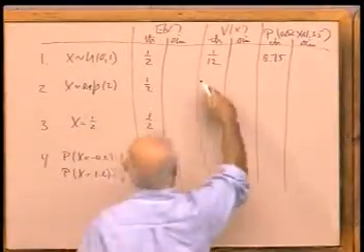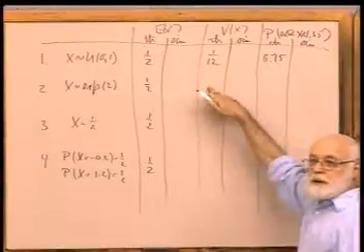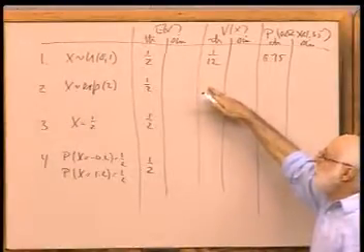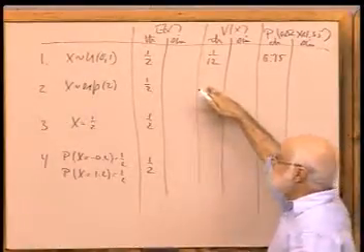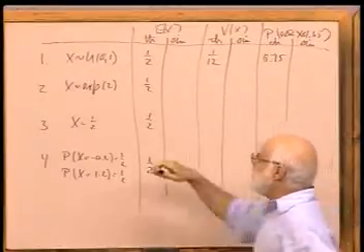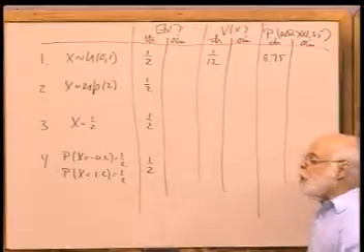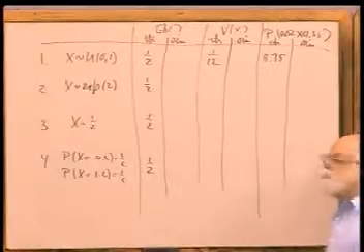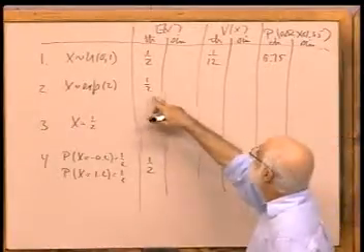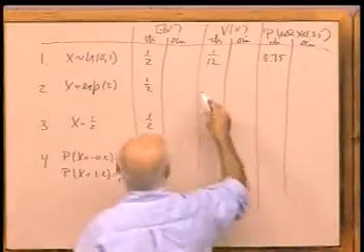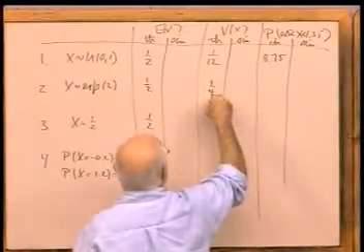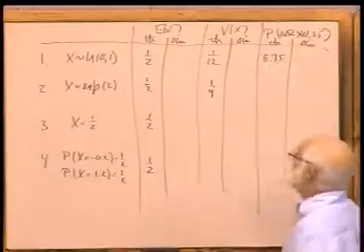Okay, what's the variance going to be? 1/4, because when we discussed the exponential random variable as an example, we said that the variance is equal to 1 over lambda squared, or the mean squared. And since the mean is 1/2, the variance should be 1/4. What's the probability of lying in that range?